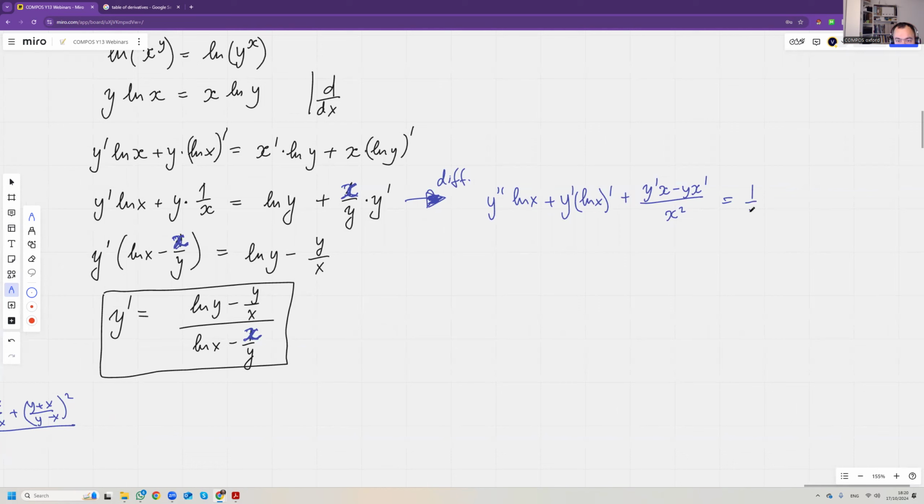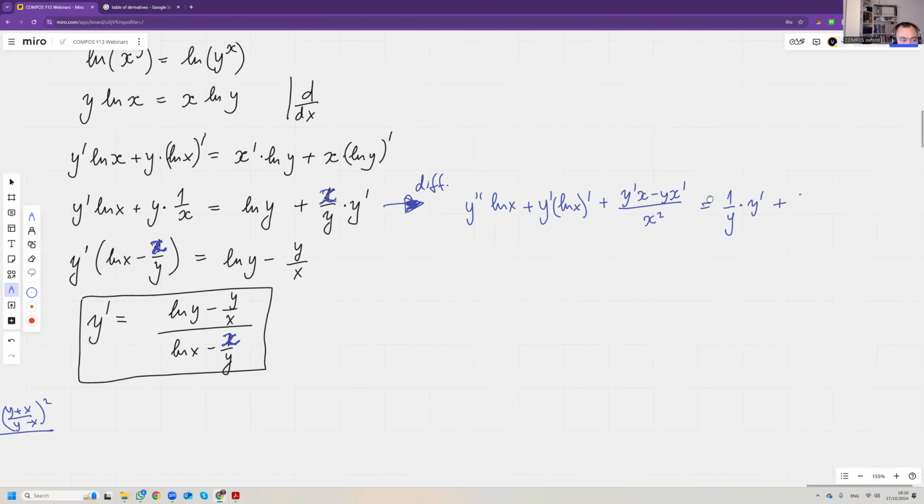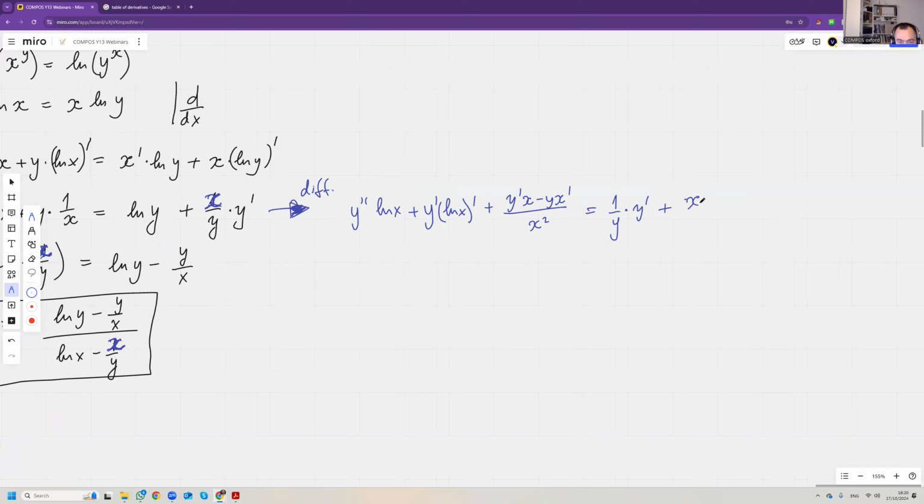So 1 over y multiplied by y prime plus, okay, so this one is tricky. So you have to do x over y prime plus x over y double prime.